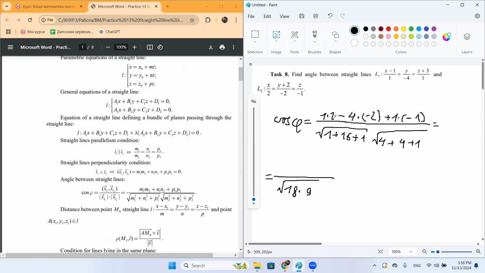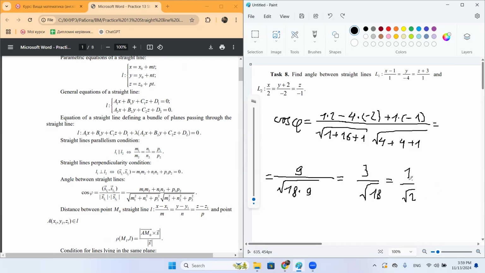So 3 plus 8, so 11. Then 2 plus 8, 10, sorry. 10 minus 1, so 9. And we can move, so 9 by, oh yeah, 3 by square root of 18, and we can also move 9 here, so 1 by square root of 2.